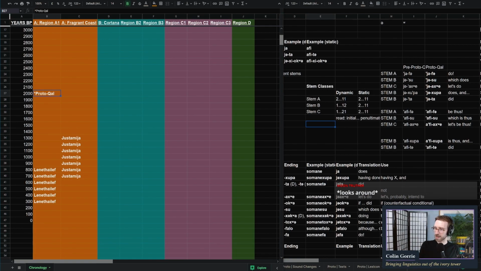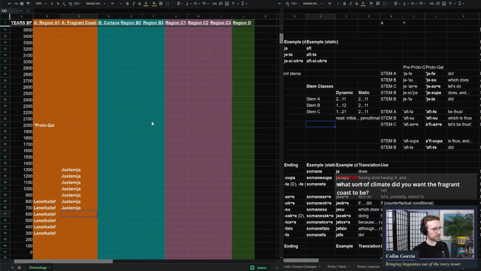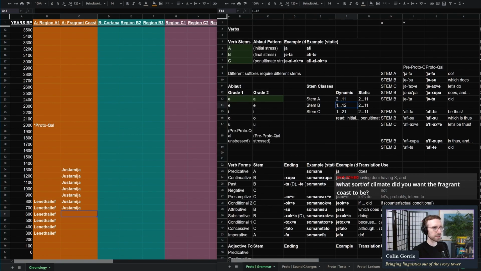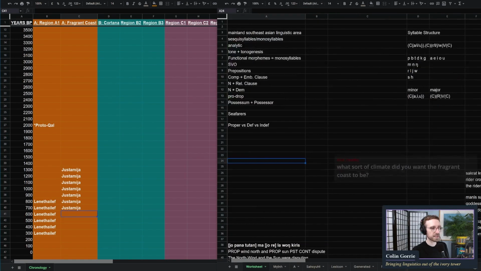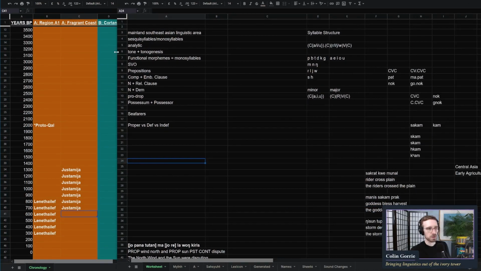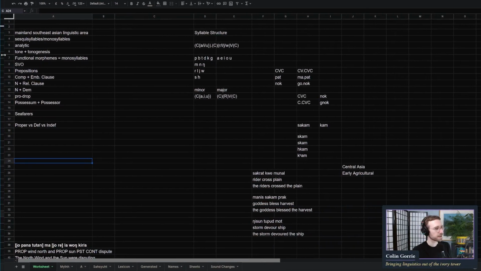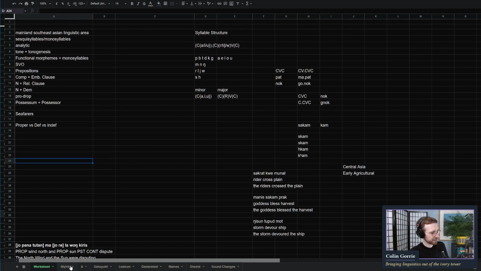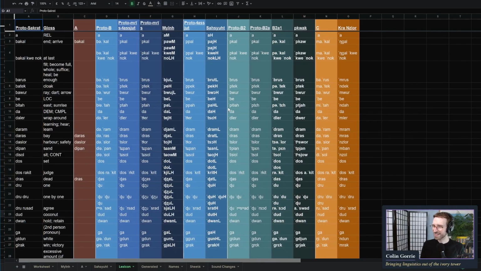So the Sakrat have their origins at least in sailing cultures, so they can go where they like as long as there's a coast. So let's figure out where our Sakrat speakers are going to come from. I think it would be cool. Let's take a look at where's Sakrat. Here it is. So let's bring this over just a bit, and let's look at our comparative lexicon here.